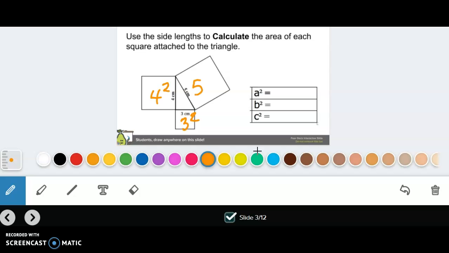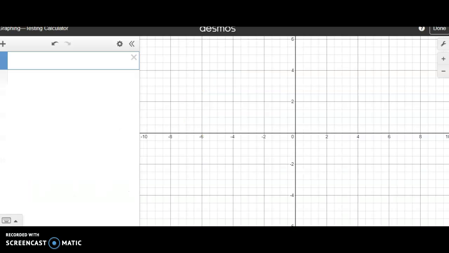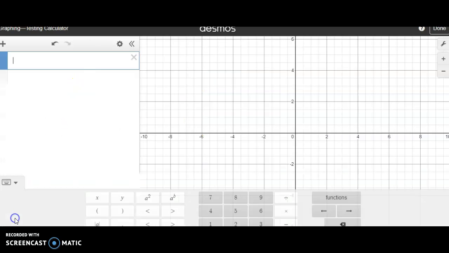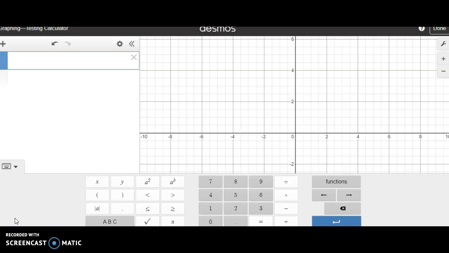I'm going to take my 5 and square it. For that part, I'm going to ask you to use Desmos, so you don't get confused doing 3 times 2, 4 times 2, 2 times 2, like that. Open your keypad down here in Desmos. The first one we're going to do is 3 squared, so we've got to hit the number 3.